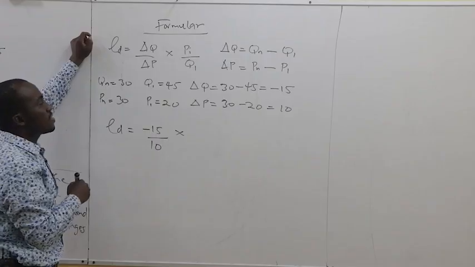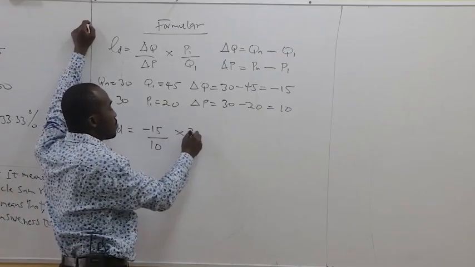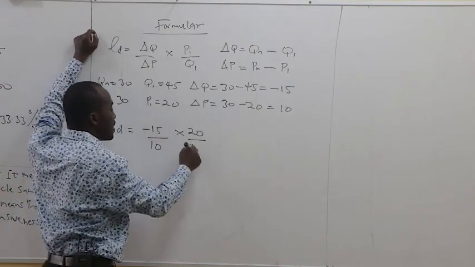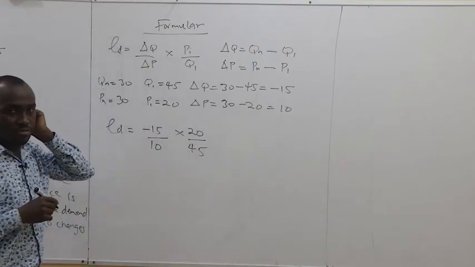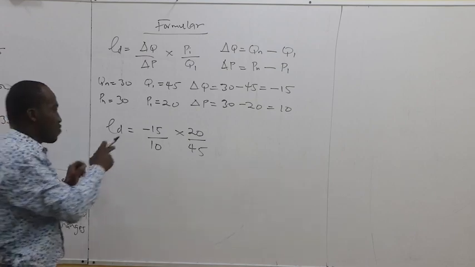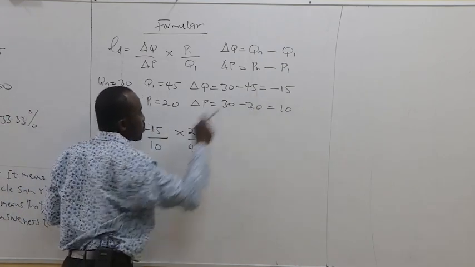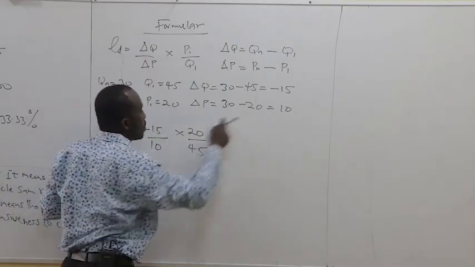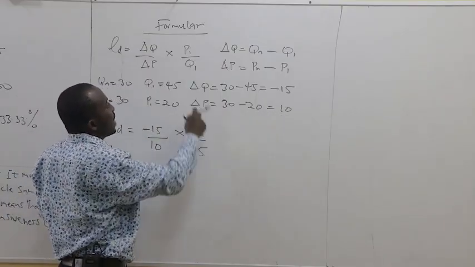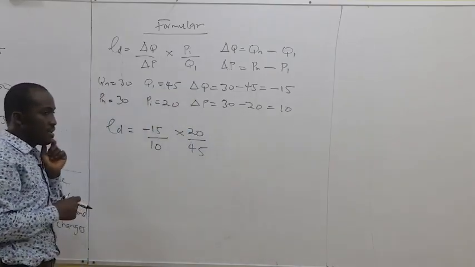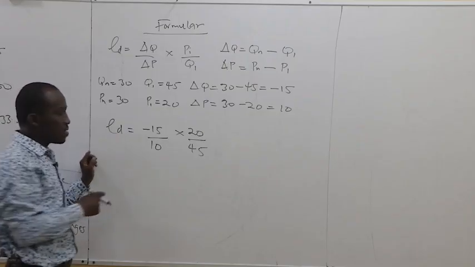The initial price is 20, and the initial quantity is 45. So you have negative 15 over 10, times 20 over 45. Let's see what will be our final answer.